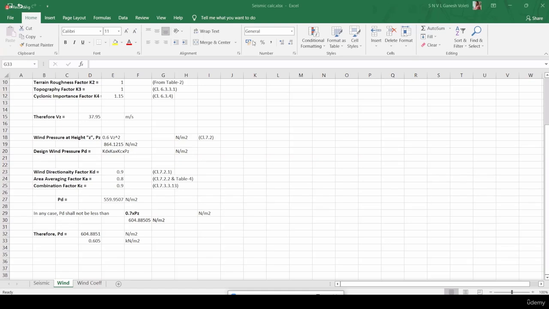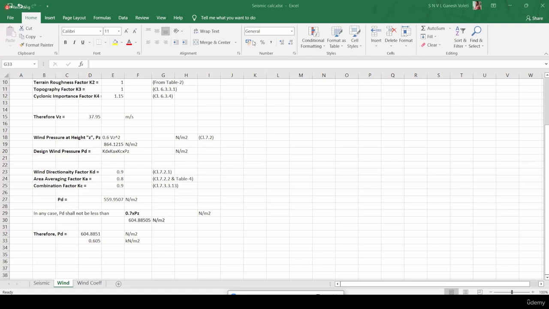Special moment resisting frame has much more control, negligible sway values. That is the main difference. So it can control sway more. Because they'll use some type of springs at the top of the structure, imparting some stiffness at the top.